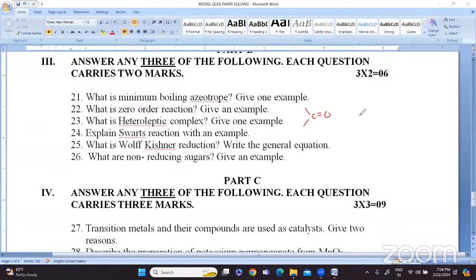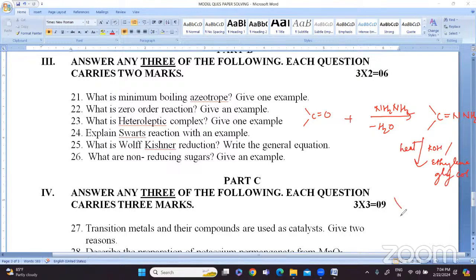The carbonyl group reacts with hydrazine NH2-NH2 and is converted into an intermediate hydrazone. This is further treated with potassium hydroxide and ethylene glycol. You heat it and you get a hydrocarbon.